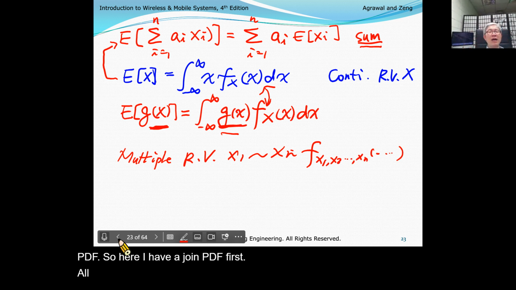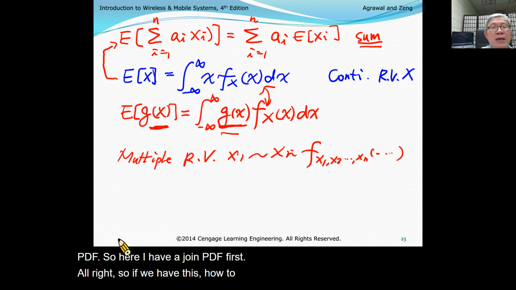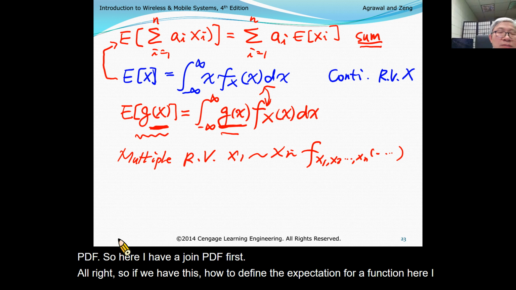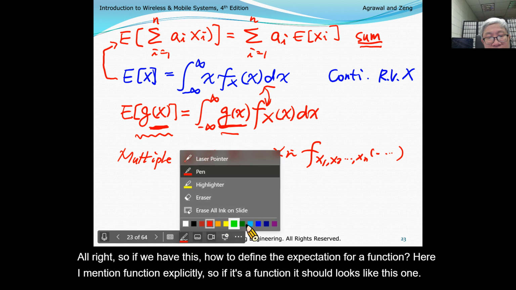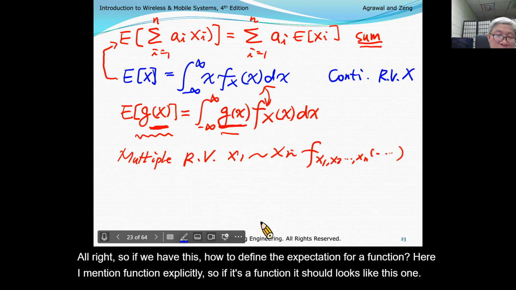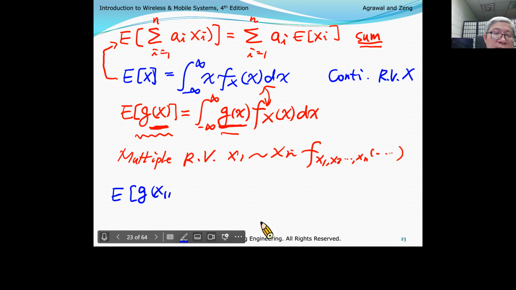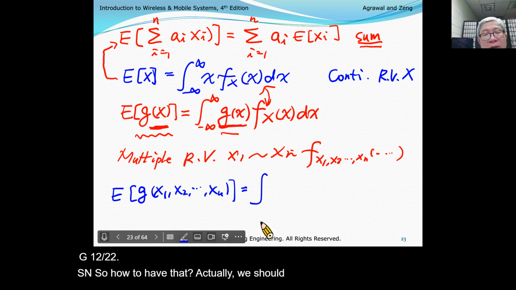Alright, so if we have this, how to define the expectation for a function? Here I mention function explicitly. If it is a function, it should look like this: g of X1, X2 to Xn. Actually, we should have a multiple integral.